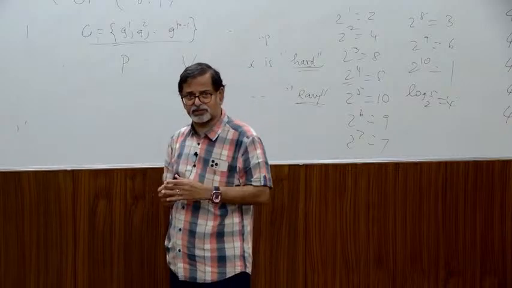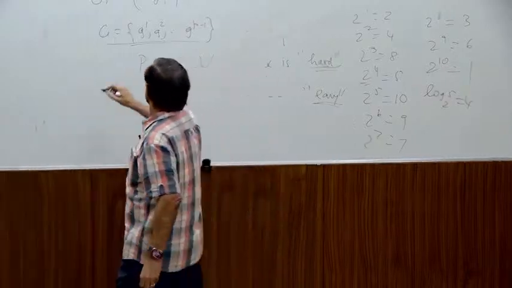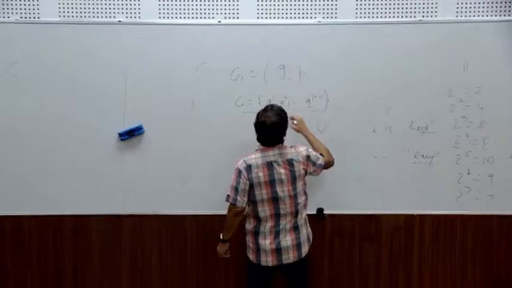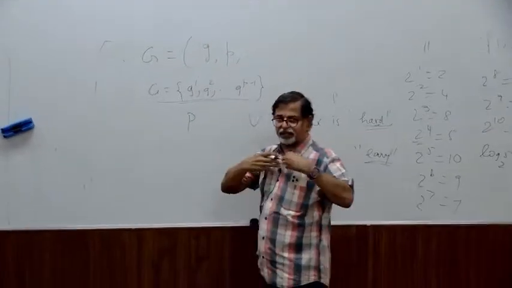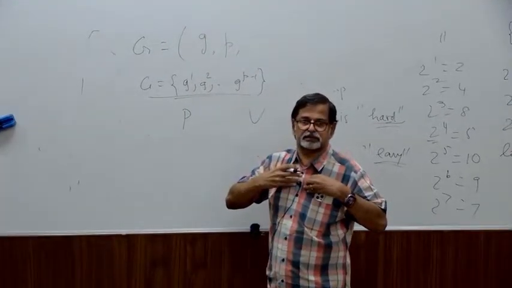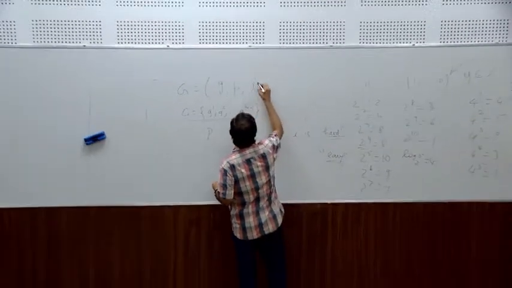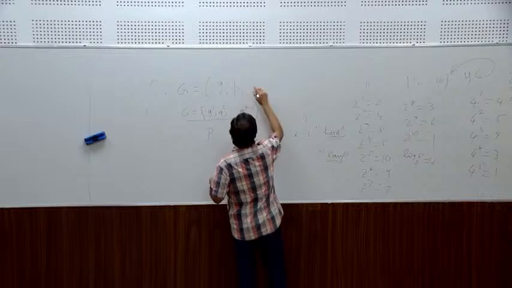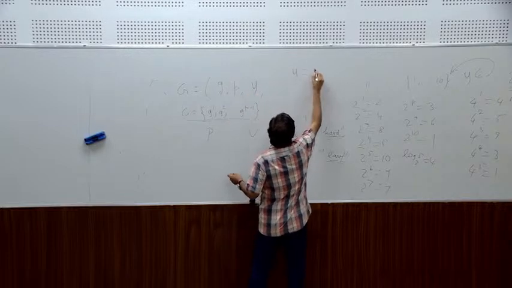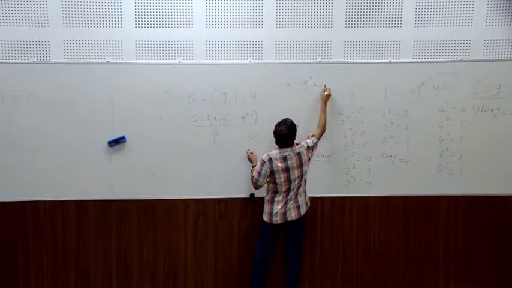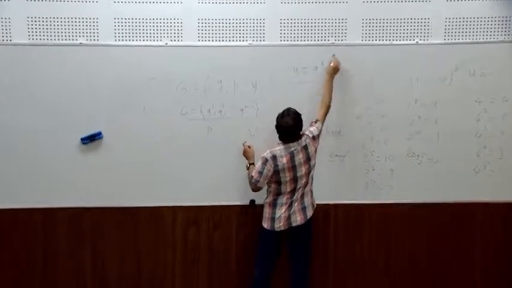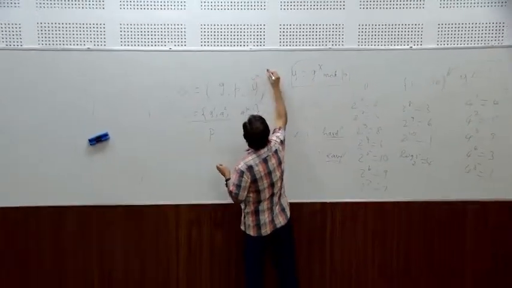Putting us into this context, we will identify G and P, and let's say I select a random X, which is the secret key, and compute Y equal to G power X mod P. This is my public key.